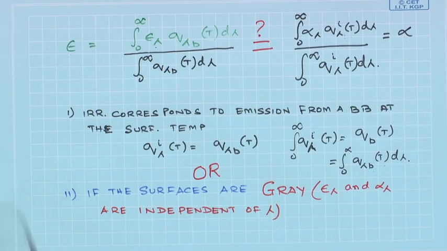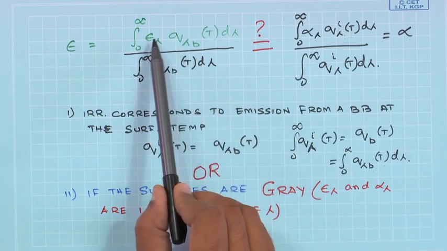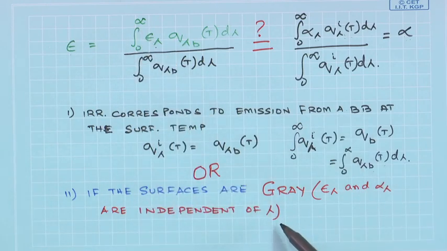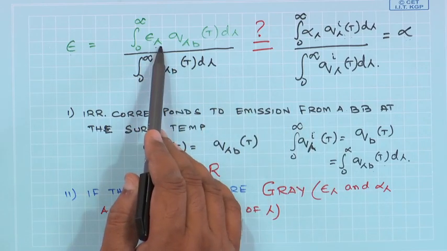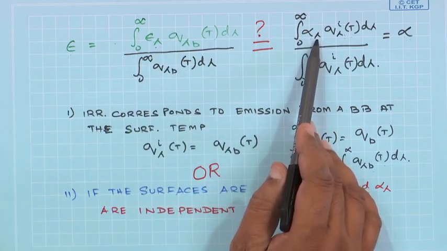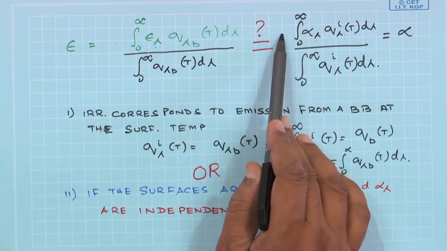Let us see what we mean here. If a surface is gray, then they do not depend on lambda anymore. So, if they do not depend on lambda anymore, they can be taken out of the integration sign, and here alpha can be taken out of the integration sign.